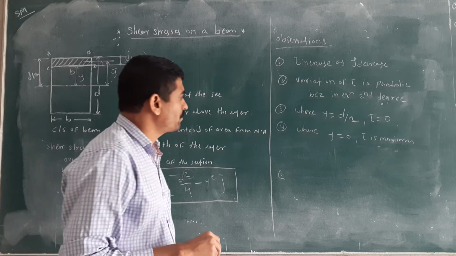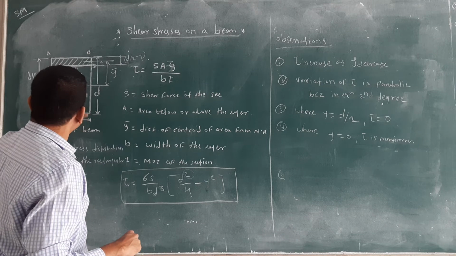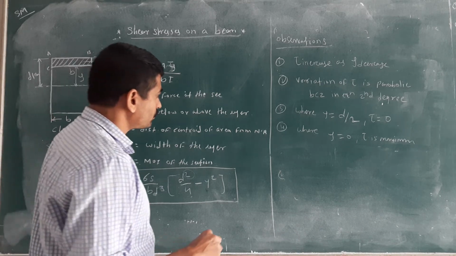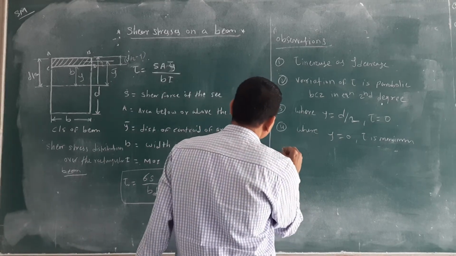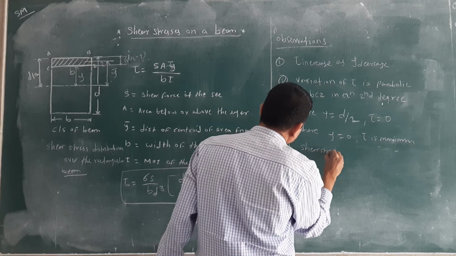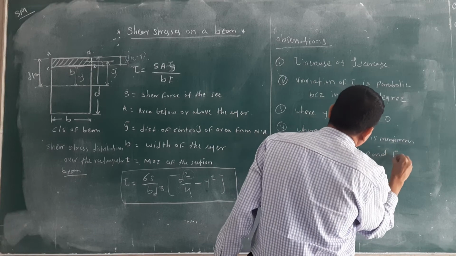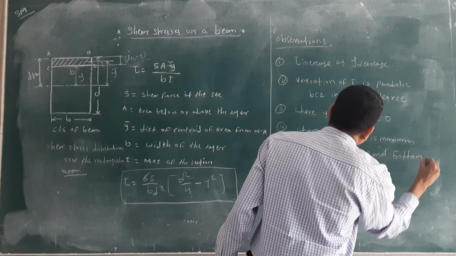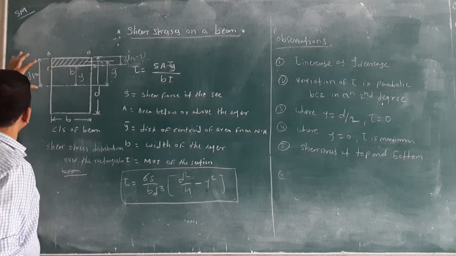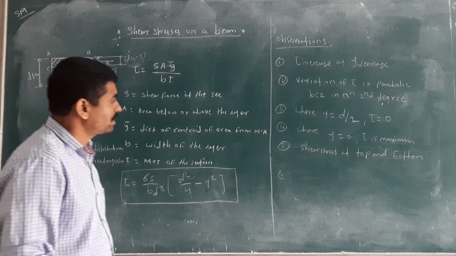Then in a similar way we want to calculate the value of the shear stress at the top and bottom. We have calculated at the neutral axis, right? And what is the value at top and bottom? Next is the shear stress at top and bottom. What is the value of y? If we consider the top, from the neutral axis it is d by 2, and for the bottom again the same d by 2.